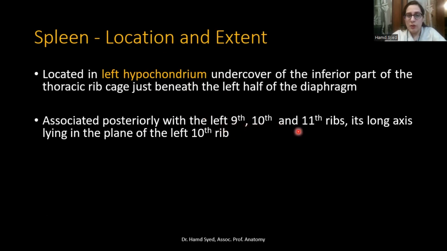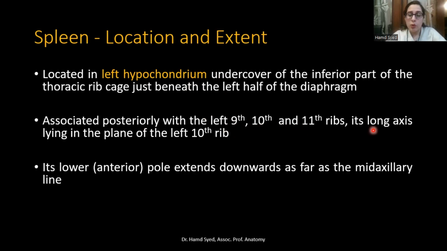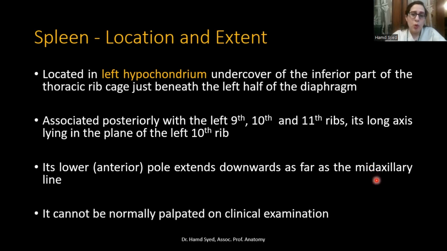These ribs are present posterior to the spleen, and the long axis of the spleen lies within the plane of the left 10th rib. Also remember the lower or anterior pole of the spleen extends downwards as far as the mid-axillary line. Normally the spleen cannot be palpated on clinical examination.